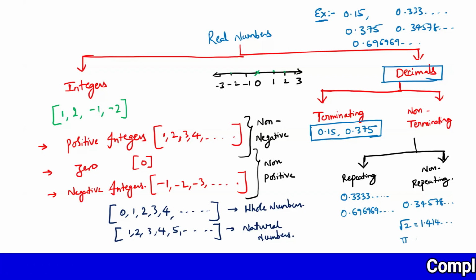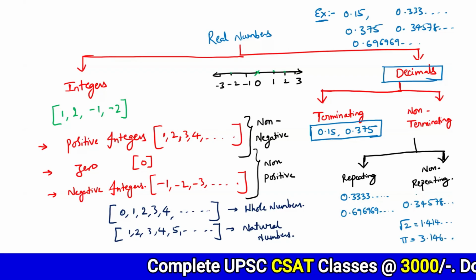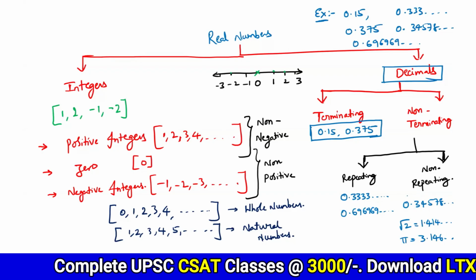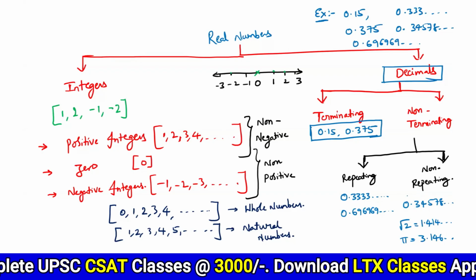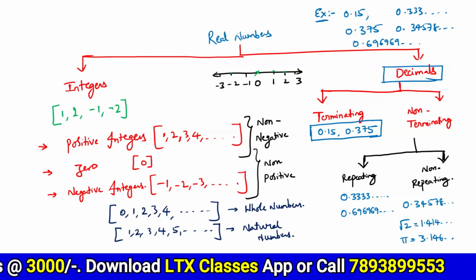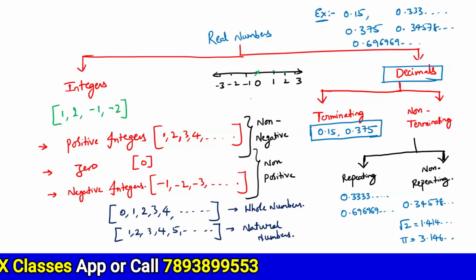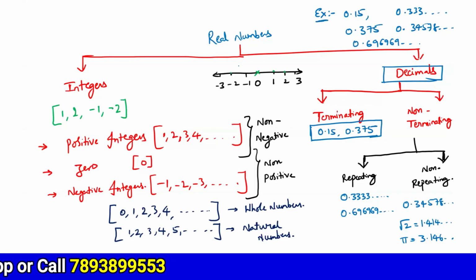The value of pi also, it is like 22/7, 3.146 and so on. So these types of examples will be considered as non-terminating, non-repeating decimals. So this is a basic classification regarding real numbers. And obviously, all these things can be represented on the number line.